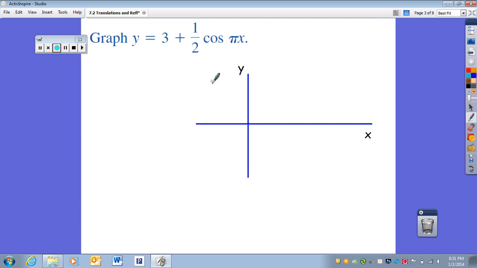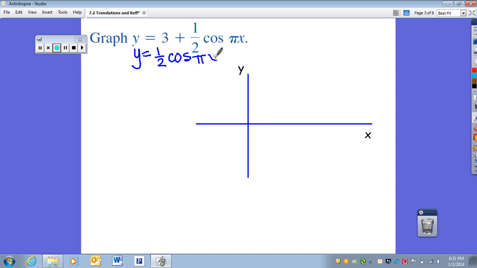We have y equals 3 plus 1/2 cosine of pi x. Now if we put this into our form, that's a little bit easier to understand. We have 1/2 cosine of pi x plus 3.